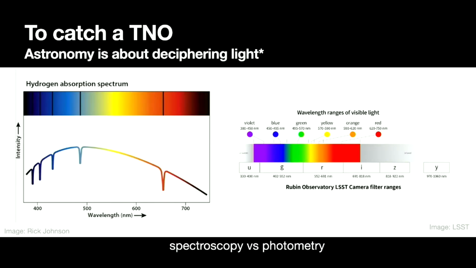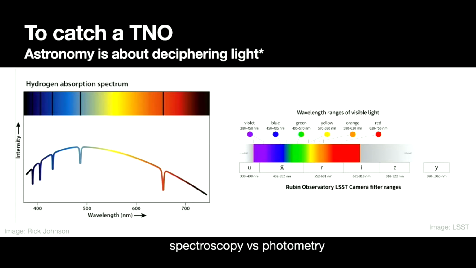So how exactly do we study these trans-Neptunian objects? This is not specific to TNOs. Most of astronomy is like this. Astronomy is all about how you decipher the light that comes to us from the skies. The two main methods are spectroscopy and photometry.